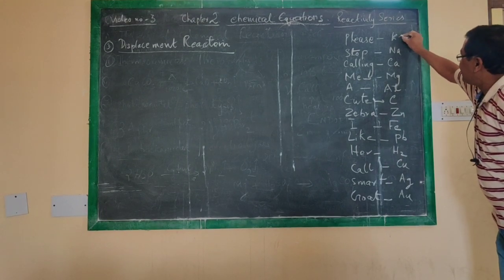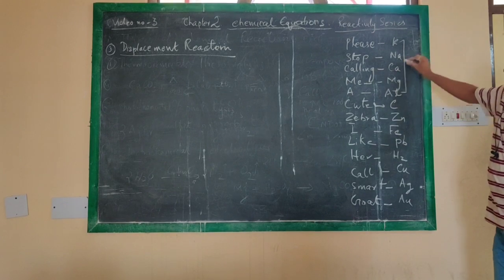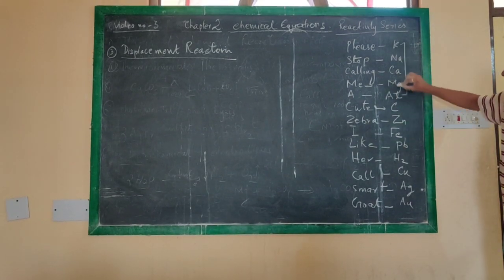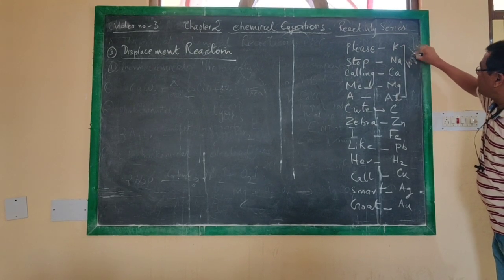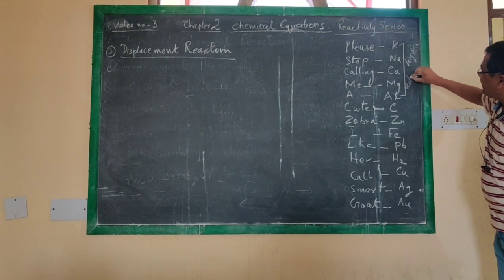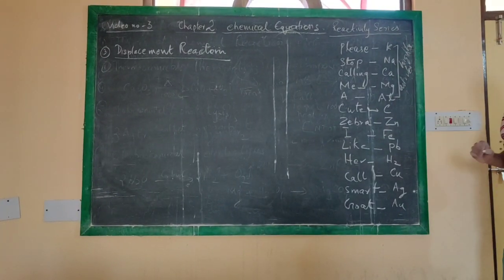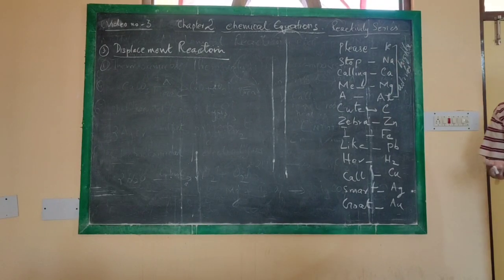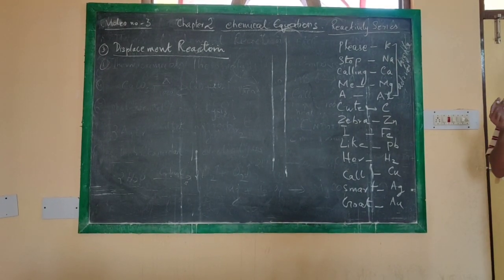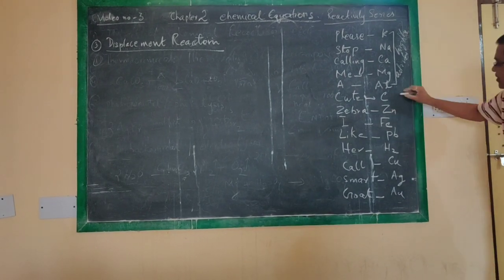From potassium to aluminium, these are all metals with high activity. These all come under the high reactivity series. That means whenever these metals are treated with anything, the reaction is very fast, very quick. Instantaneous reaction begins.